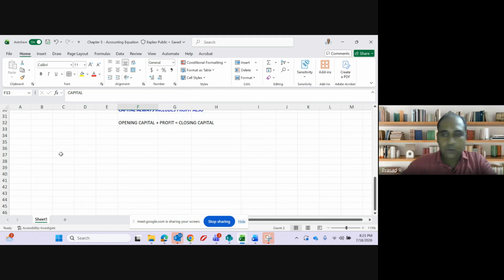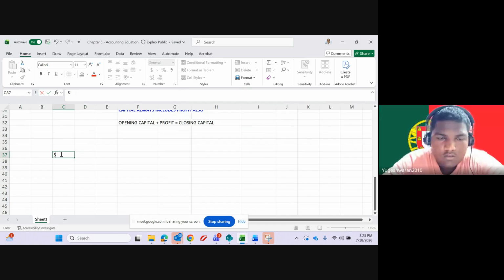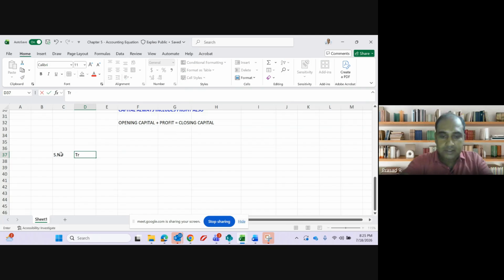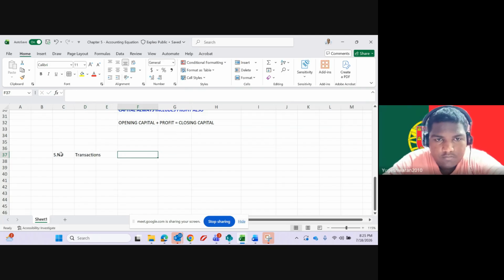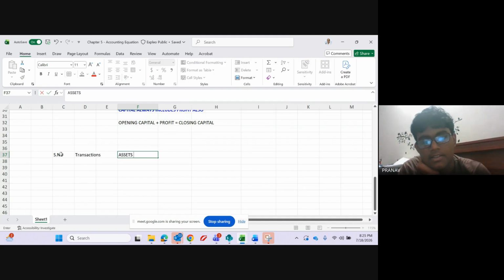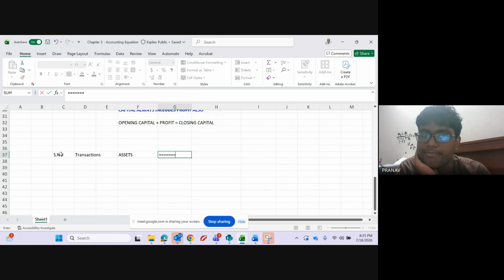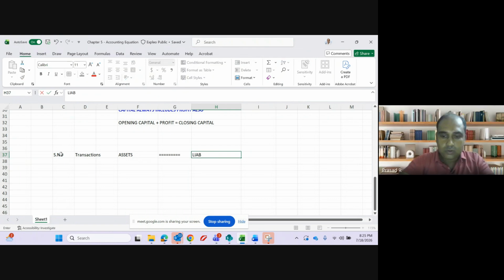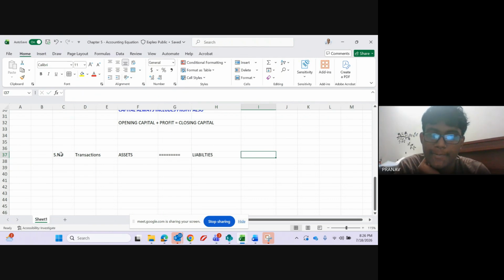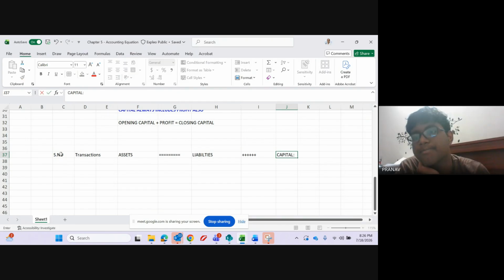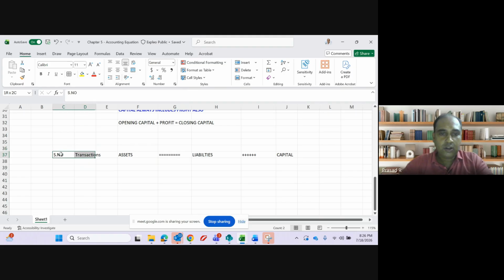The format for the accounting equation will be: first the serial number, then the transaction, then assets equal to liabilities plus capital. Formats are very important, guys. This will be the format for the accounting equation.